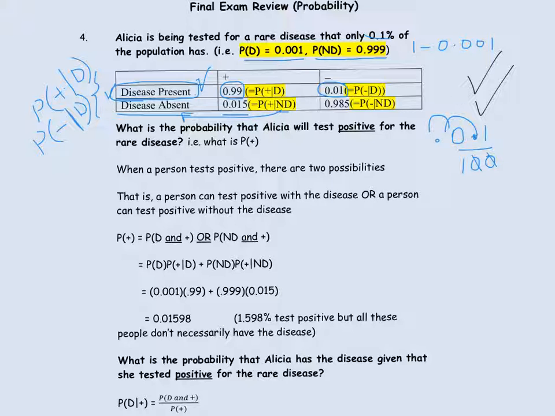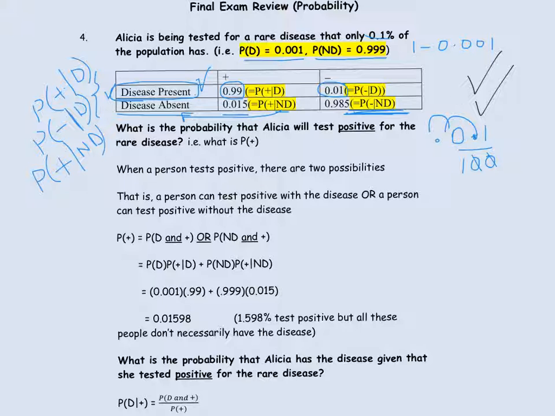Remember that the first two rows relate to two different groups, one that has the disease and one that doesn't. The second row is the one that doesn't have the disease. What is the probability that they'll show negative when we know that they do not have the disease? That is going to be high, 0.985.